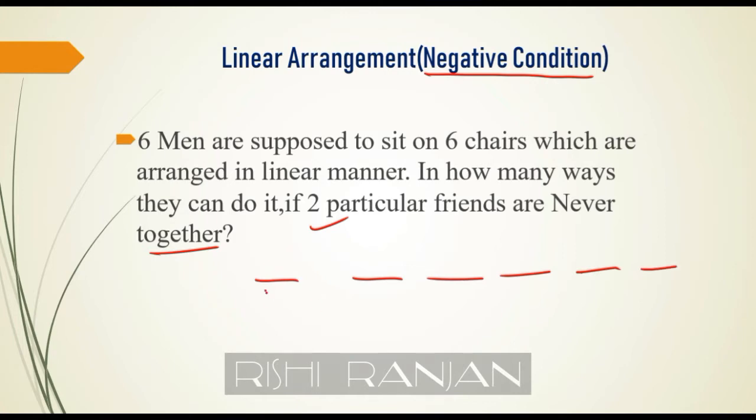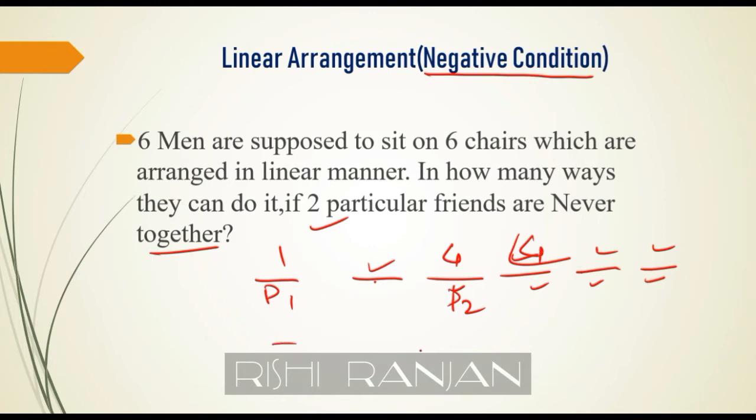For example, two people are never together. So if the first person is here, second person cannot be here. Second person can go here, here, here, here. For the second person we have 4 options. And other people are free to go anywhere, so they can shuffle among themselves. So factorial 4.